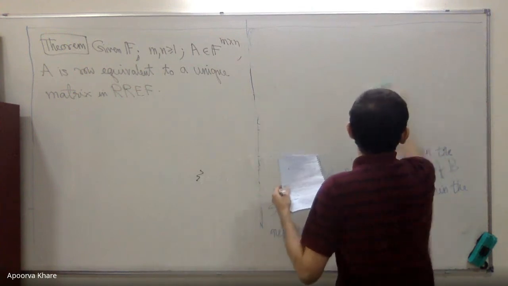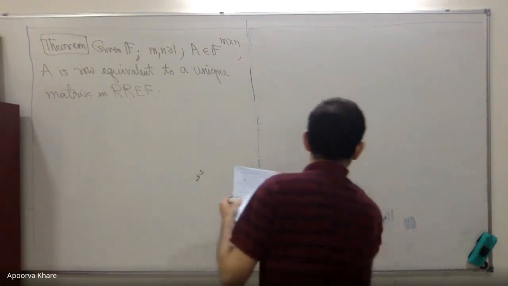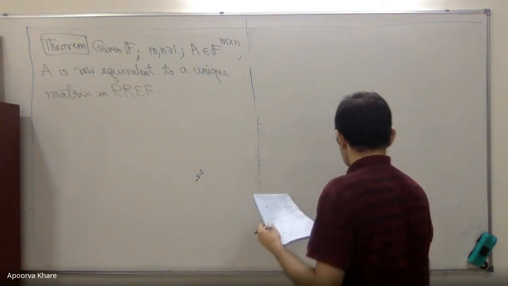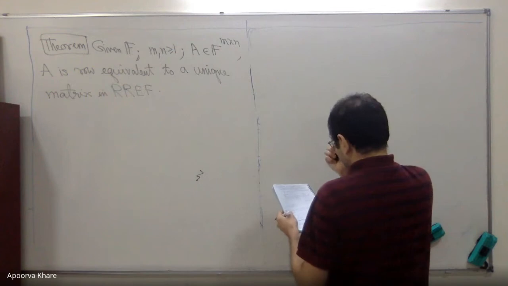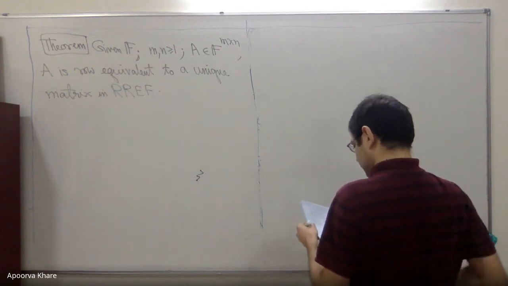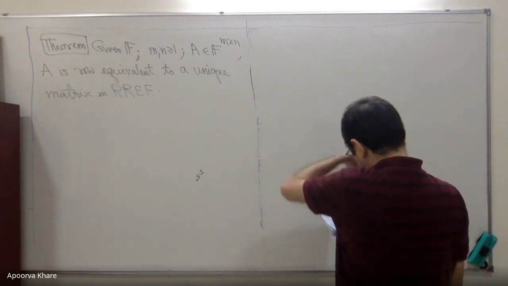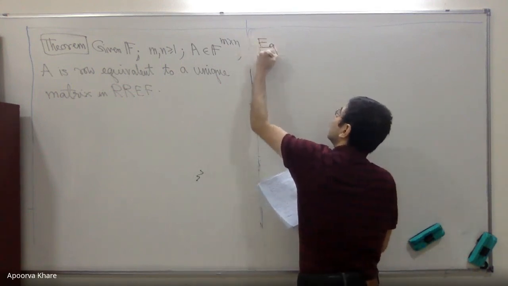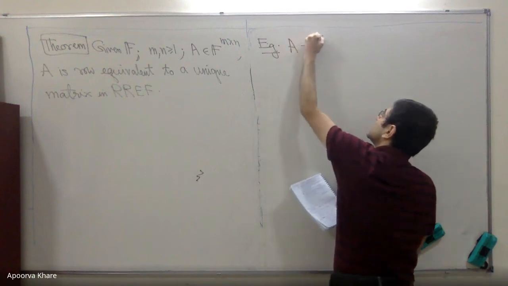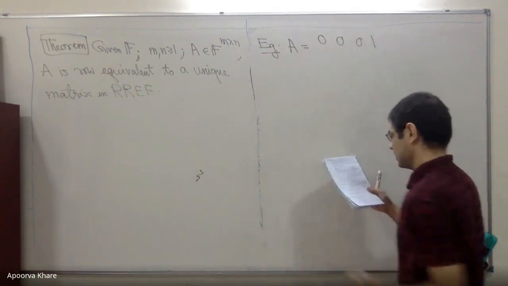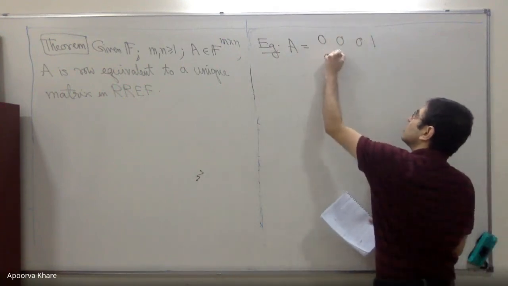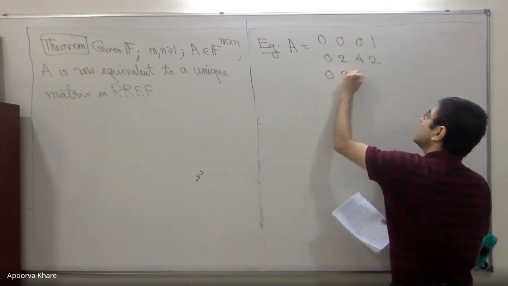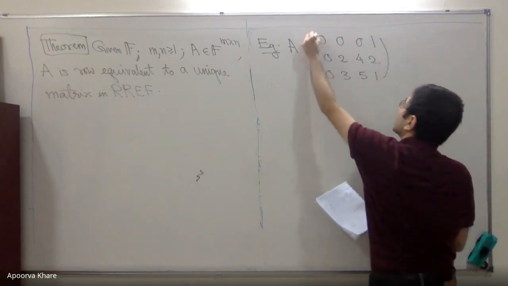So let's start with the matrix. This is an example. A equals 0, 0, 0, 1, 0, 2, 4, 2, 0, 3, 5, 1.